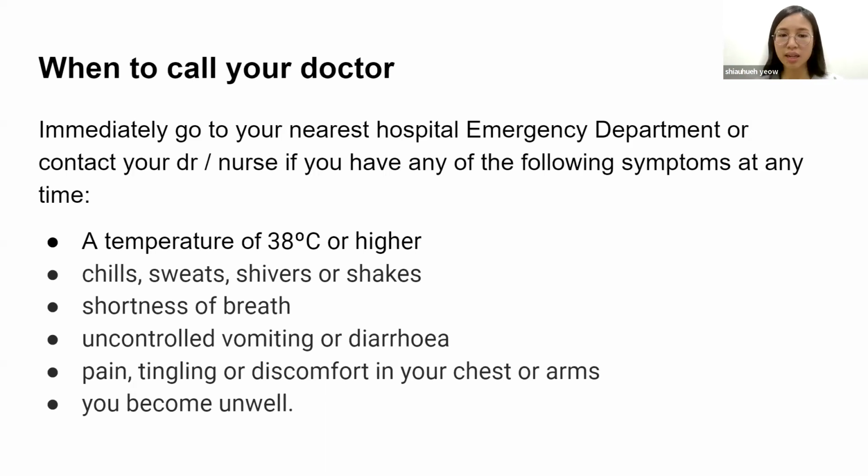If you take those medications and it is still uncontrolled, that is when you have to go to the doctor. And for uncontrolled diarrhea, when it is more than 4 times of loose bowel movement above your baseline, meaning that if usually you pass motion 2 times a day, and after your treatment you have diarrhea more than 6 times a day, then it is time that you should tell your doctor about it.